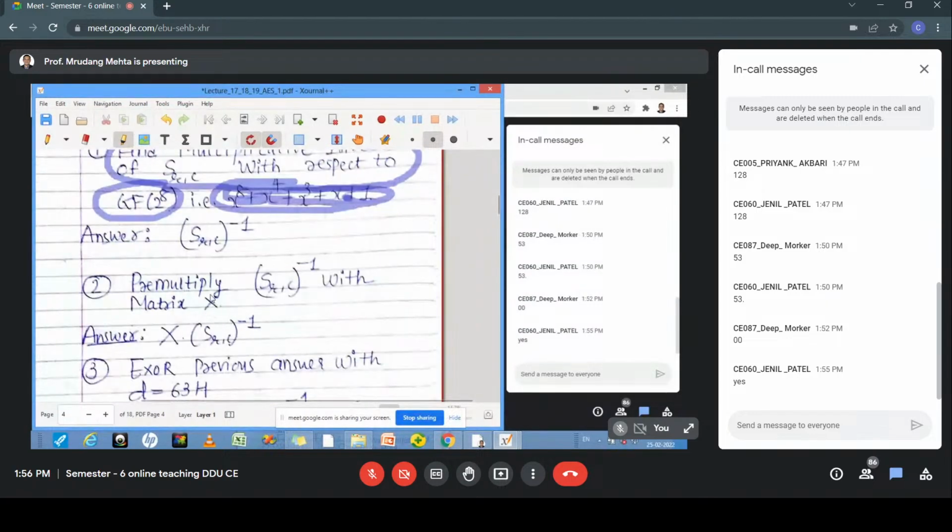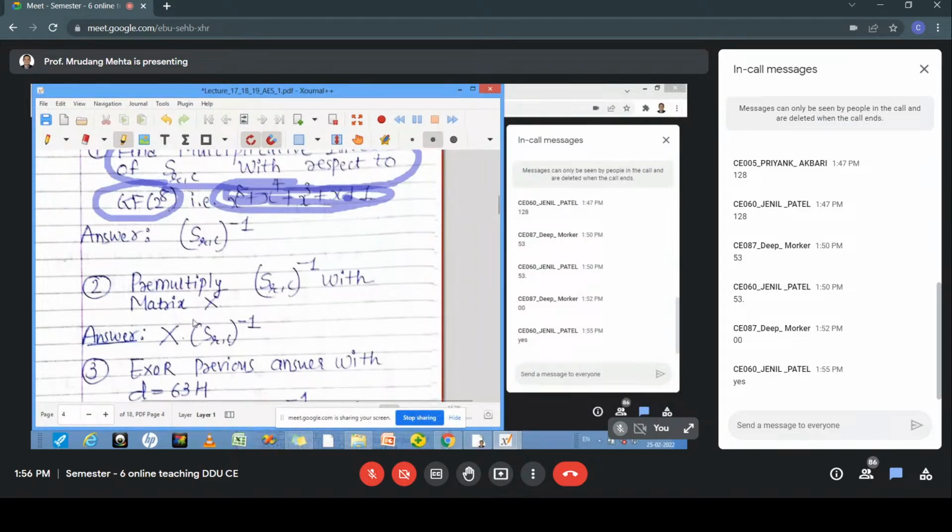Then the second step is we pre-multiply this inverse with matrix X. X is some constant matrix that we already have and that is invertible. So we perform X dot SRC inverse.